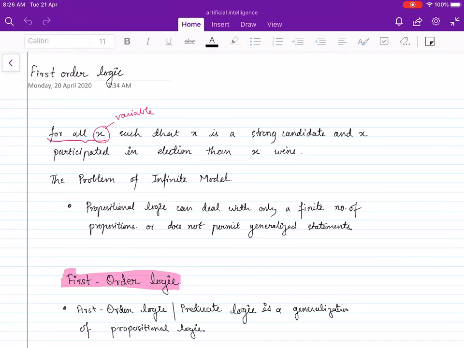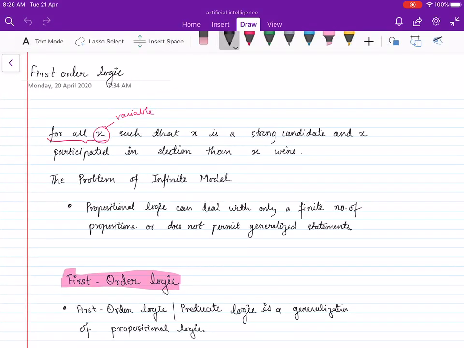For example, for all x such that x is a strong candidate and x participated in election, then x wins. Here x is a variable, so x can have any name, for example Ramu or Ramesh or Ramya or Sita, any name it can have.